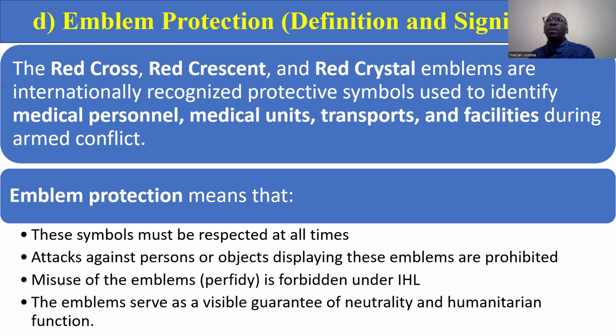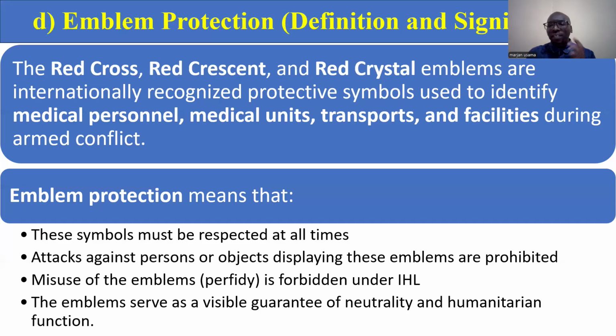So you think that these people are medical personnel, but inside there are guns, there are military equipments, it's not allowed to misuse those symbols. So the emblems serve as a visible guarantee of neutrality and humanitarian function. So this emblem, the moment you see it, you should be neutral. The moment you see it, stop attacking each other. So it is a symbol of neutrality and humanitarian function.